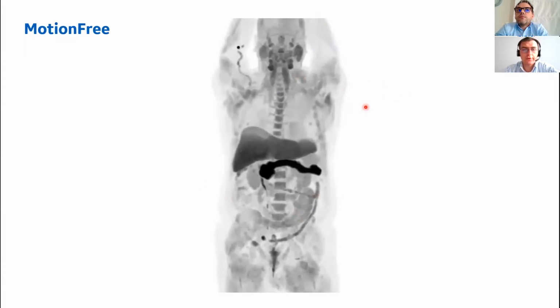As we were talking about motion free, the first areas that we think are influenced by respiratory motion are, of course, the lung areas, especially the lower part of the lungs and upper liver. But this image demonstrates very nicely that it's not the case for these 2 areas only.